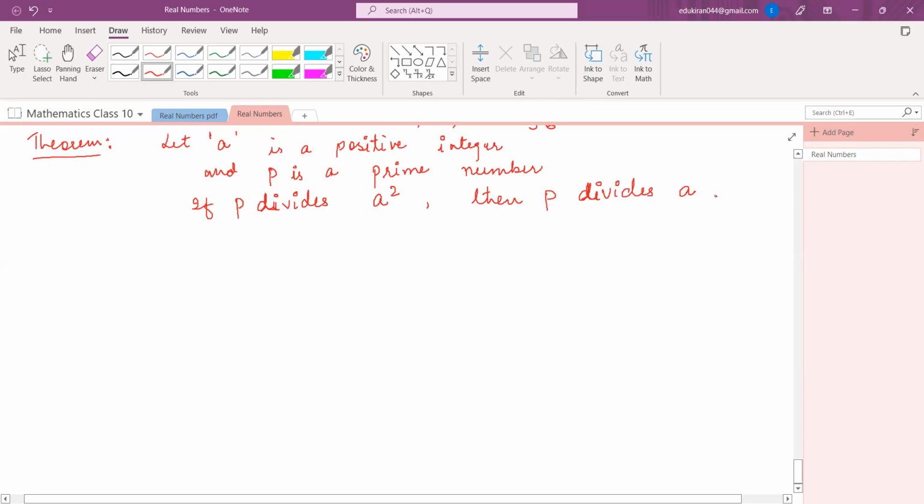Yes, please note it down because we are going to use it in the next exercise. So this is nothing like a is a positive integer and p is a prime number. So take any positive integer. Let's say you have an integer 5, right? Your a is 5 and p is any prime number.